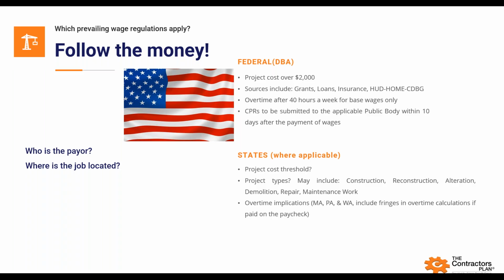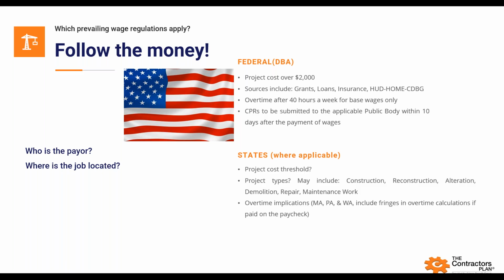In many cases, there can be just a tiny bit of federal money, meaning a loan guarantee or a grant. There's this Housing and Urban Development Community Development Block Grant program. A lot of people don't realize, well, that's residential, it doesn't seem like it's federal. Well, no, if the project cost is over $2,000 and it's getting some federal support, that's now a Davis-Bacon project.